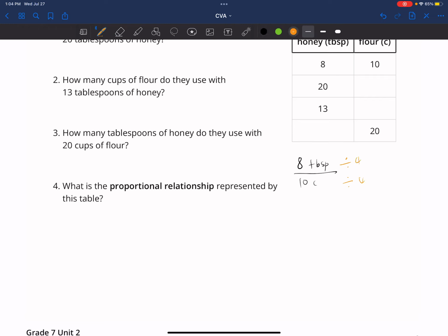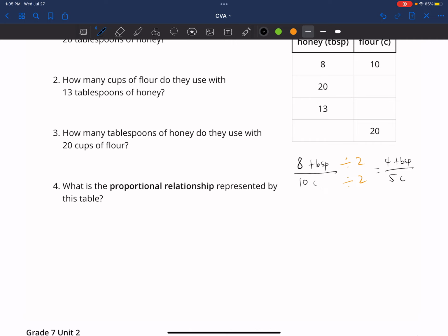Actually, you can't do that. That doesn't make sense. Whoops, sorry. 2 is the most it can get. So that would be 4 teaspoons, and I don't know why there's a B in my teaspoon. Anyways, and then 5 cups.